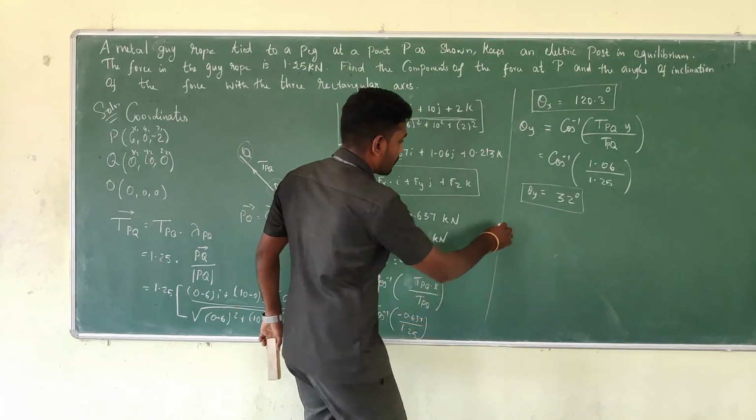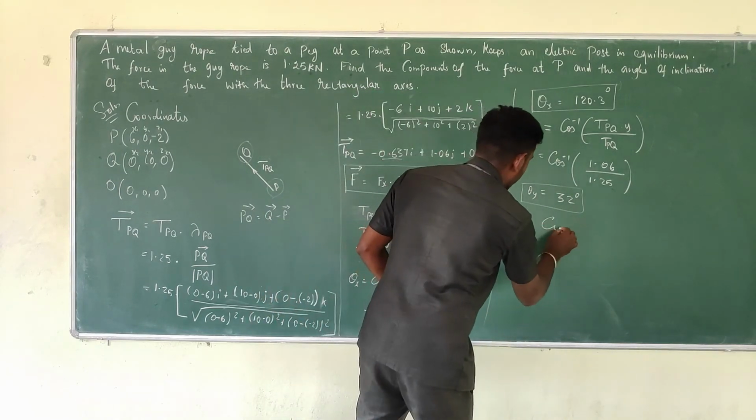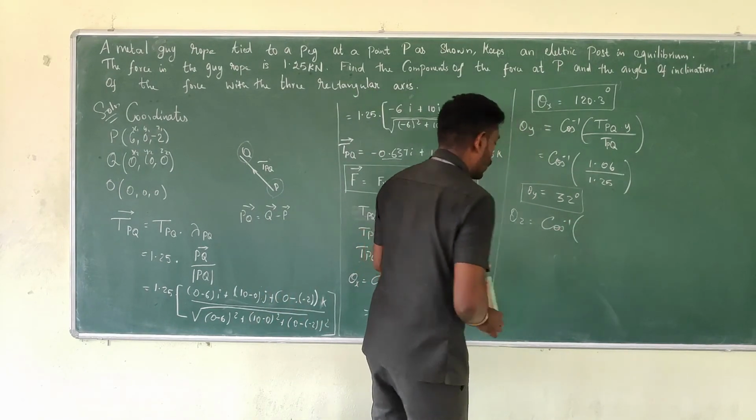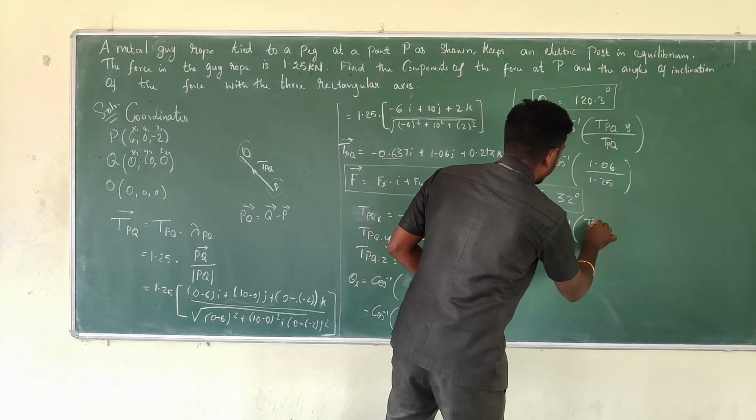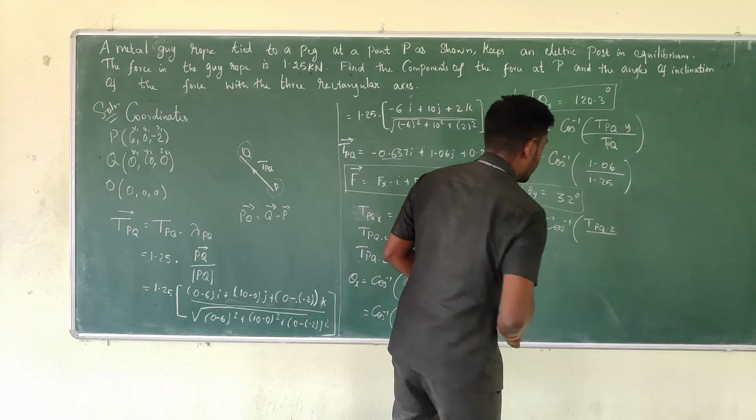And the next one, theta z. Theta z can be calculated with the same formula. It's the z component, so in the place of TPQ y, we need to specify TPQ z.